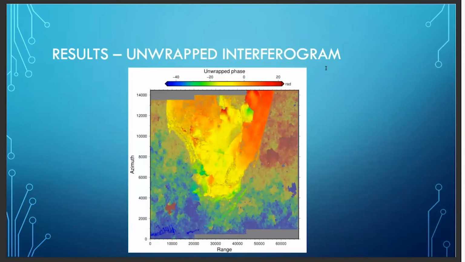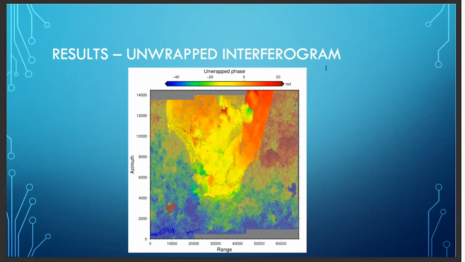And finally, it's the unwrapped interferogram. So we can see actually here are the fringes, and also here it shows the phase difference. Maybe we can switch to this so we can see things clearly.